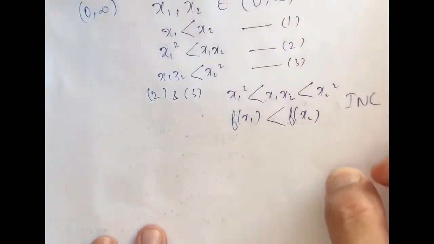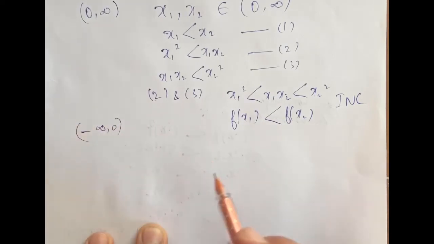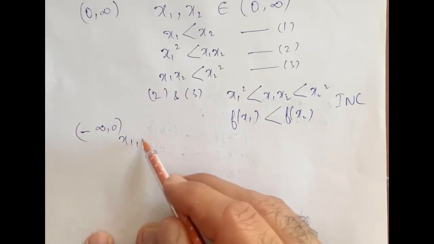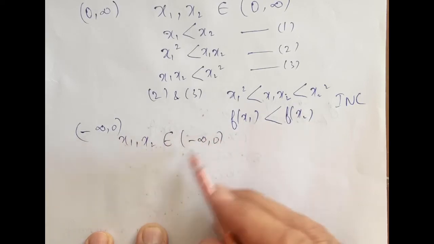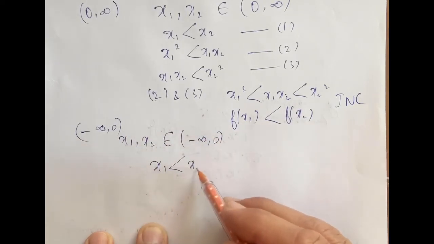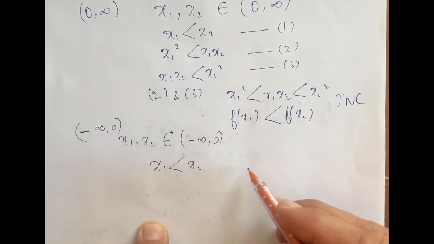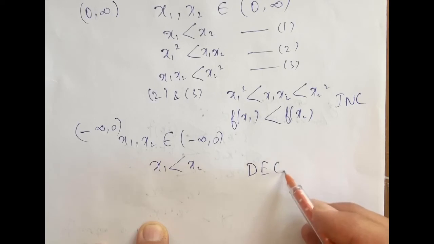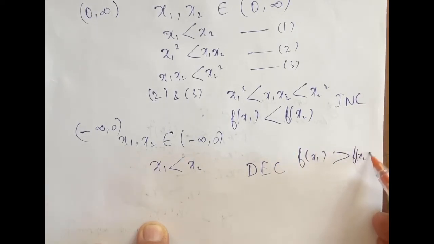Let us now consider the second part, that's minus infinity to 0. So we consider x1, x2 belonging to this interval minus infinity to 0 and x1 less than x2. We can very similarly prove that this function is a decreasing function. We will prove f of x1 is greater than f of x2.